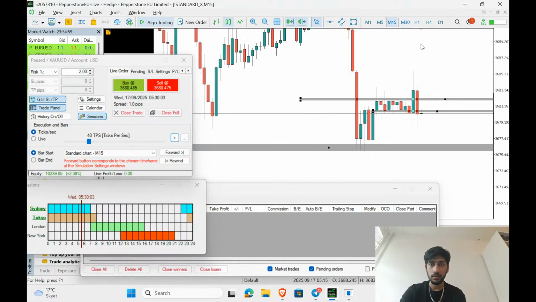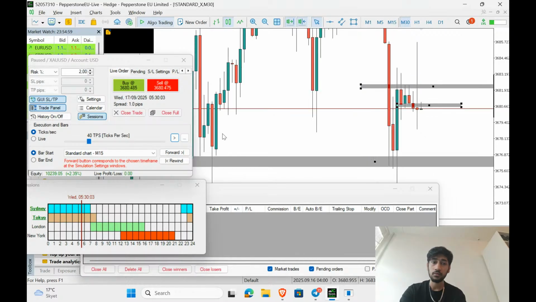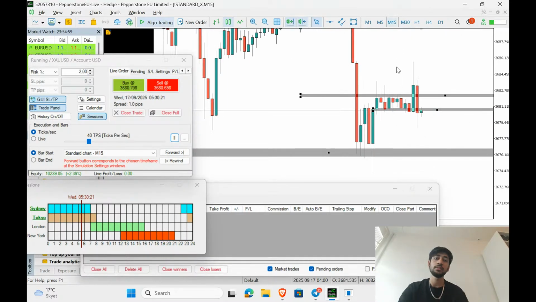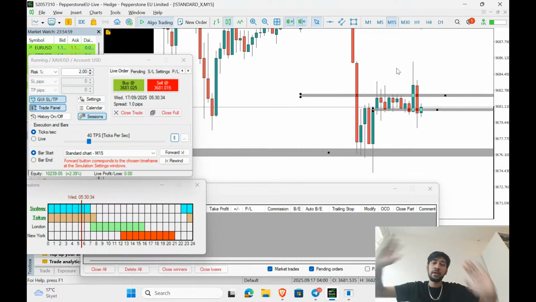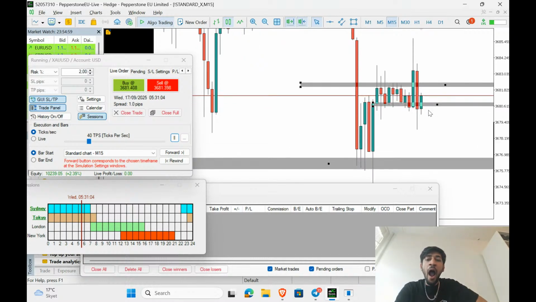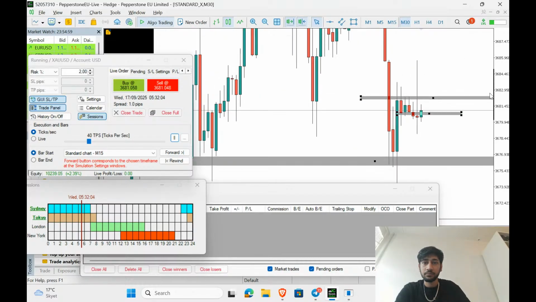I don't know what's going on. So if we have a volatile candle like this, we just sit back. It's not a good sell either because this is M15.